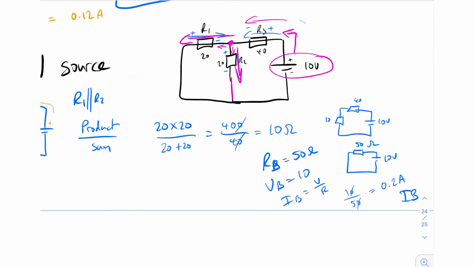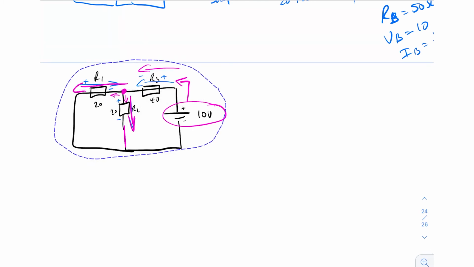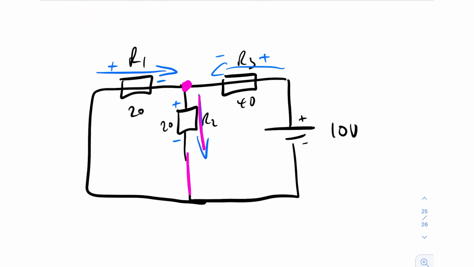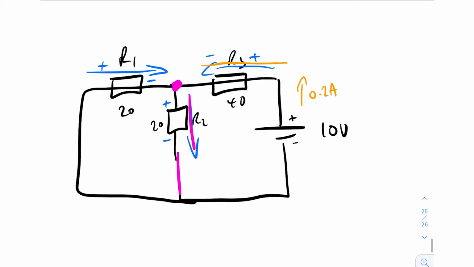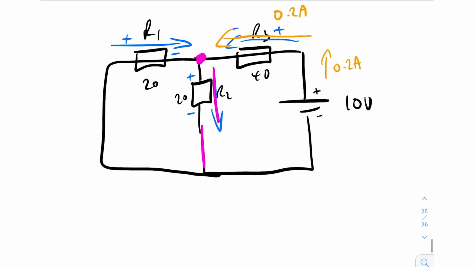So now we can take this whole circuit here, going to clean it up a little bit, and then we can use our current dividers to work out what the current is in each of the branches. Let's clean this up. Okay, so we know that 0.2 amps is coming out of the battery, right? So we got 0.2 amps going through here. So we know that I3 is equal to 0.2 amps. And then we've got 0.2 amps coming here, and we know that, look, both resistors are 20 ohms.